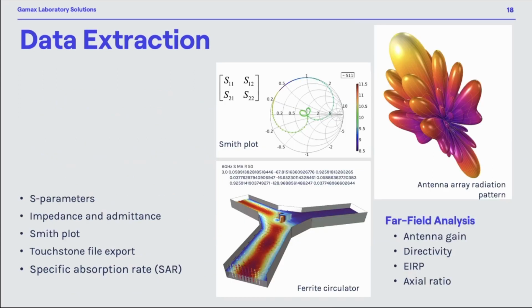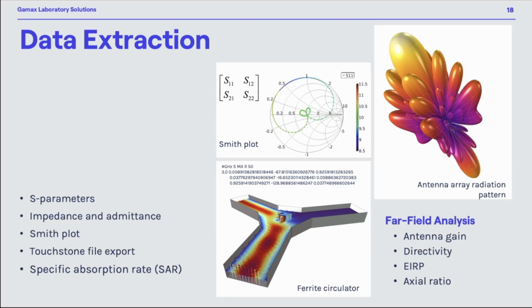And then when you arrive at the very last part, the results node, where you want to post-process your results, there are built-in predefined plots. Those are ready-made plots for you, like the Smith plot and the directivity plot. And you can also use any of the built-in variables to investigate the results of your simulations.